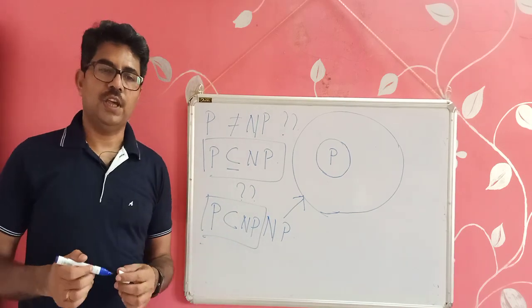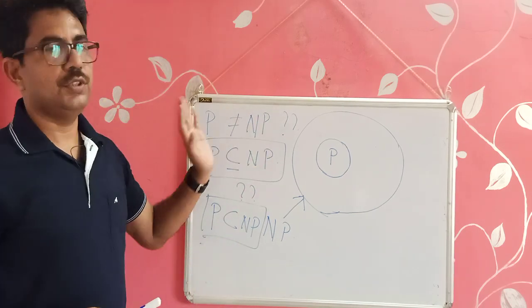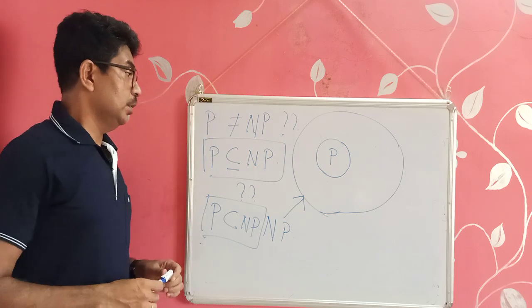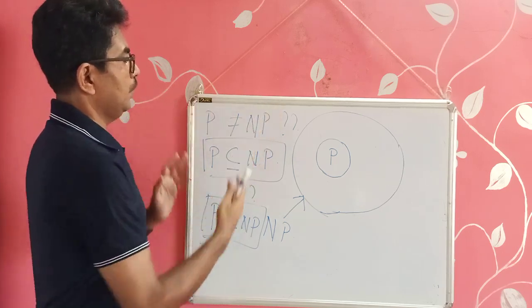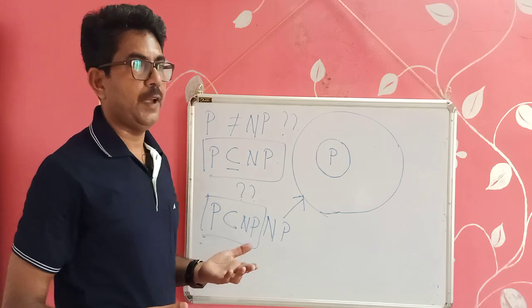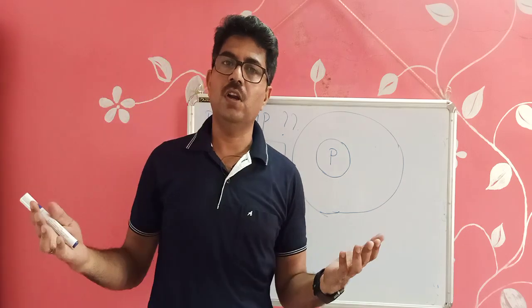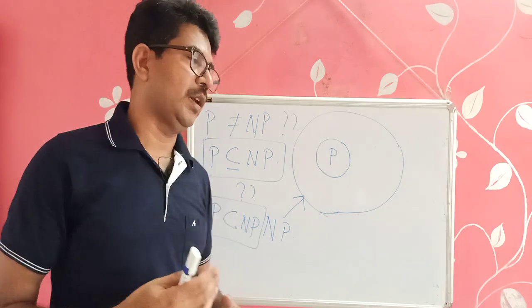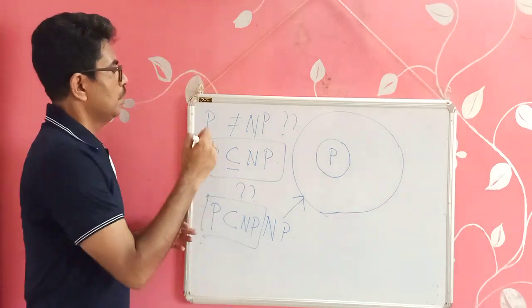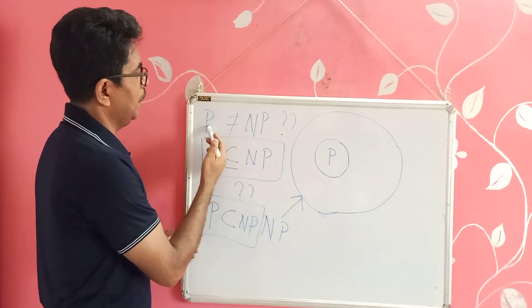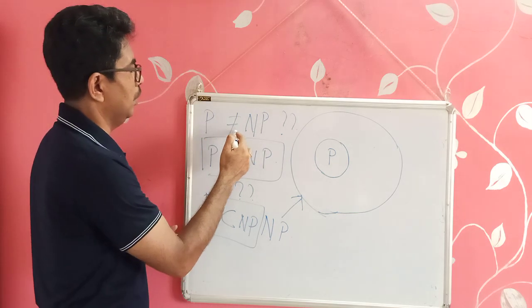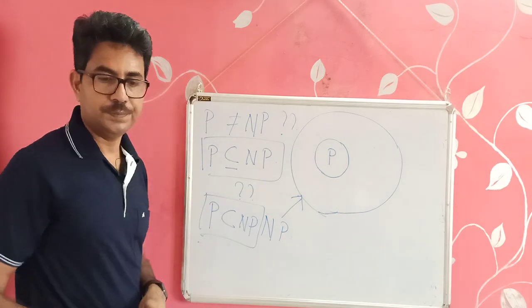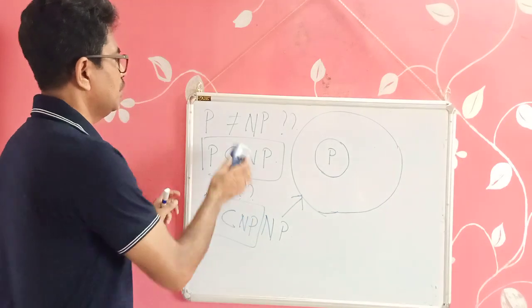Till now we do not have any answer for this question. It has been said that if we can solve this, we will be able to find solutions for all kinds of problems where a non-deterministic polynomial time algorithm exists. So people are searching for whether P is not equal to NP or not, right? This is known as Cook's theorem.